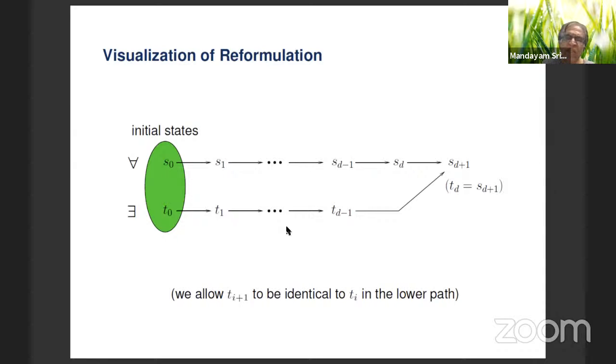The induction approach, of course, even for safety properties, is too loose a bound, because when you use a loose bound, you're not taking the property into account. The tight bound will be a function of the property as well as the transition system.